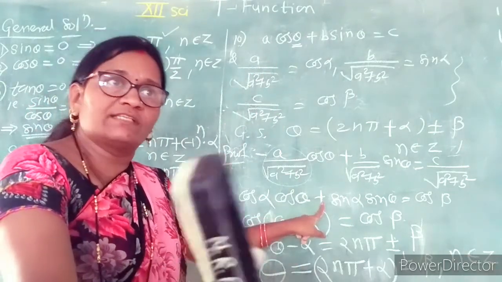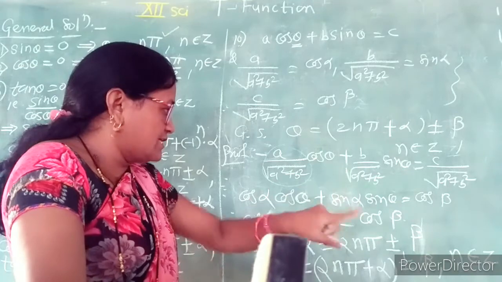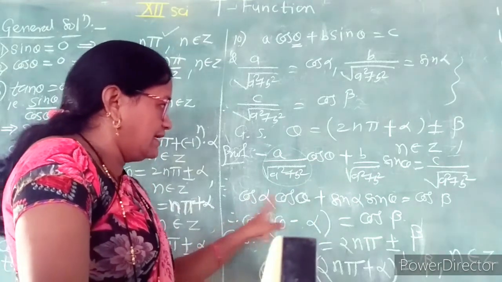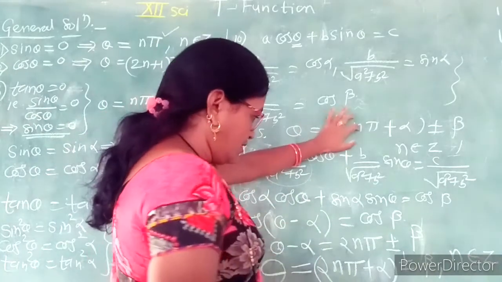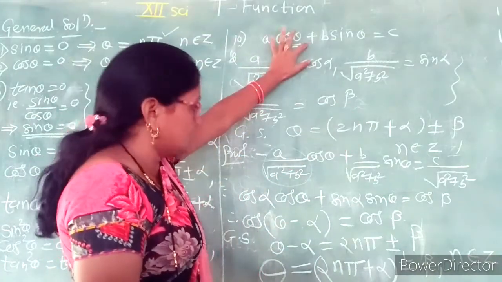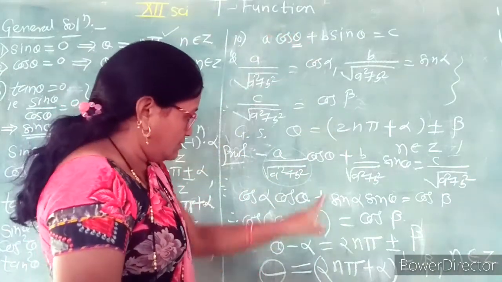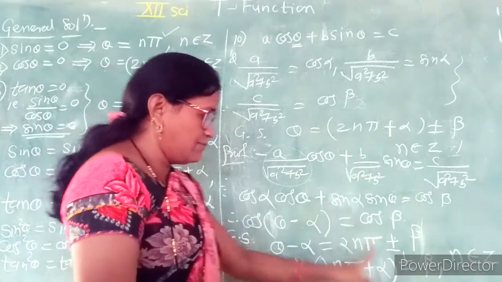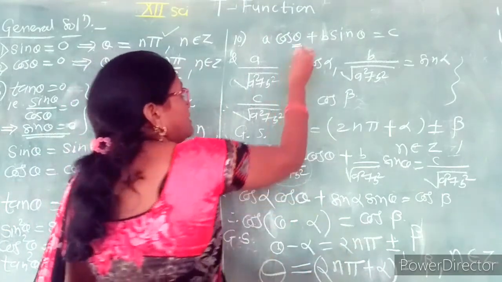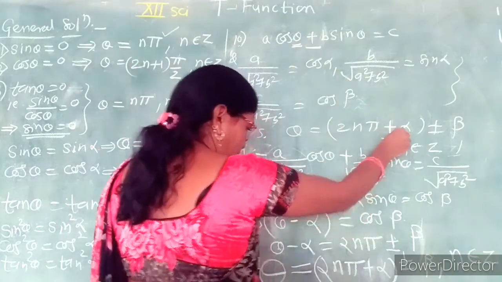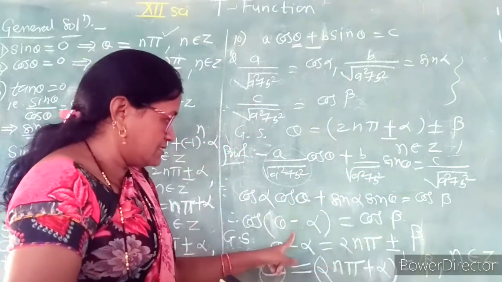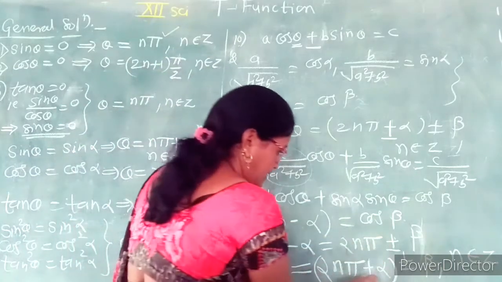For the trigonometric ratio, the sign remains the same for the sine ratio but is opposite for cosine, and we adjust. This is the result for cosine. So this minus alpha becomes plus here. Suppose your sine is minus, so you get plus sign and that alpha becomes minus. That depends on the result. If there is a minus sign, then you get the solution for plus, and plus becomes minus again.